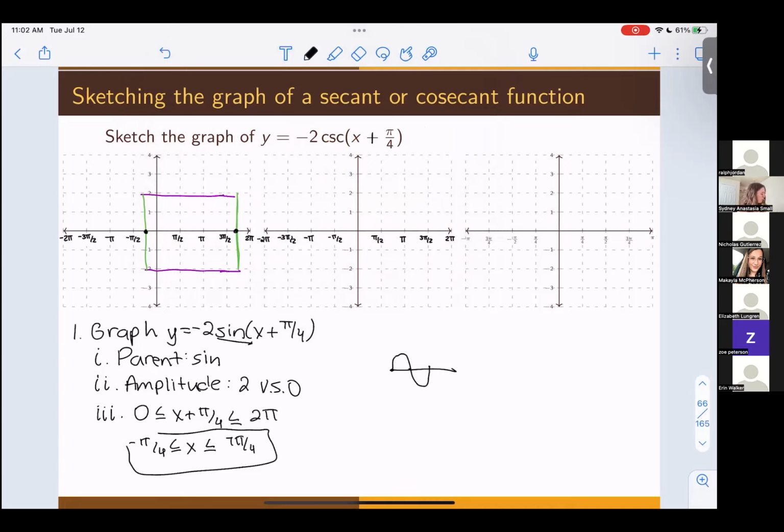Halfway between negative pi over 4 and 7 pi over 4 is going to be 3 pi over 4, so that's going to be right here. We're also going to intersect 0 there. Halfway between 3 pi over 4 and negative pi over 4 is just going to be pi over 4. Instead of that being a peak, it needs to be down here because we need to flip the sine function upside down to look like this because of that negative sign.